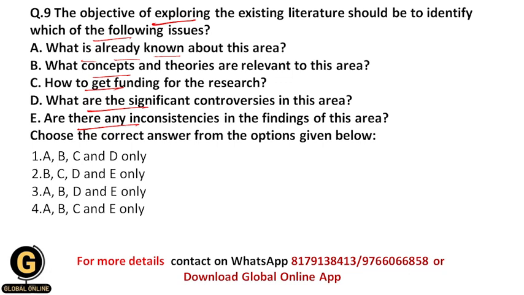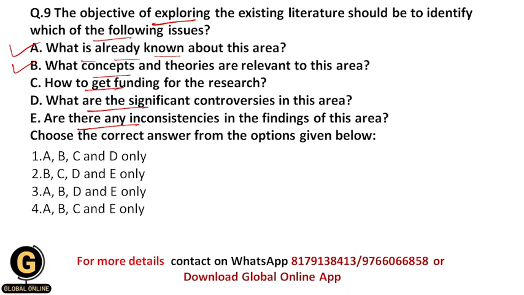Okay, and this literature helps us to understand the study, whatever we are studying right now. That's why we should know what is already known about this area, and that's why we review the existing literature. What concepts and theories are relevant to this area, we need to know that.